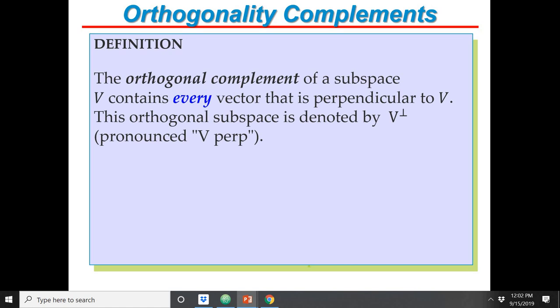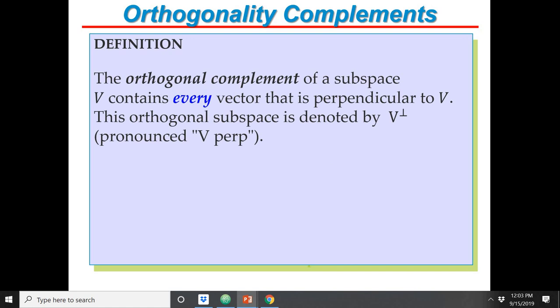So, definition. If you have a subspace V, the orthogonal complement of V contains every vector that is perpendicular to V. All right? So if you're looking for the space that contains every vector that is perpendicular to a subspace V, that is the orthogonal complement of V, and we write it as V with this nice symbol to indicate orthogonality, V perpendicular if you like.